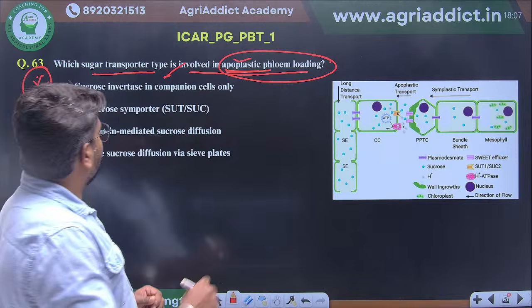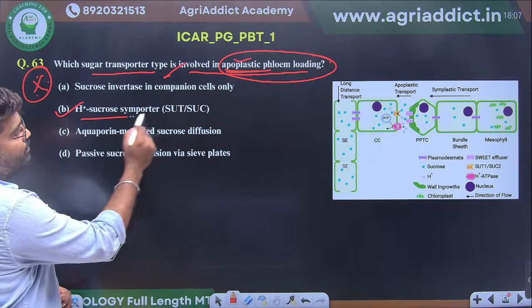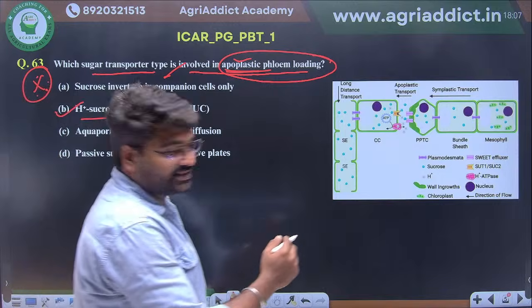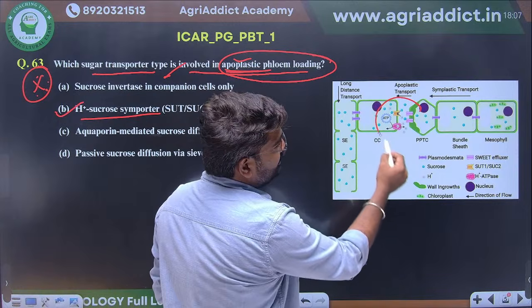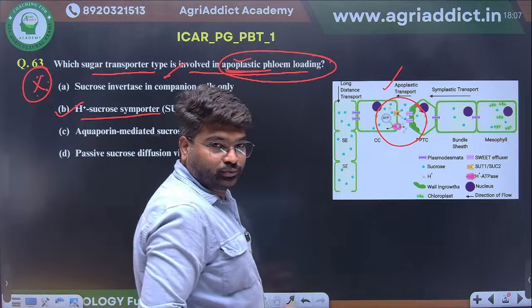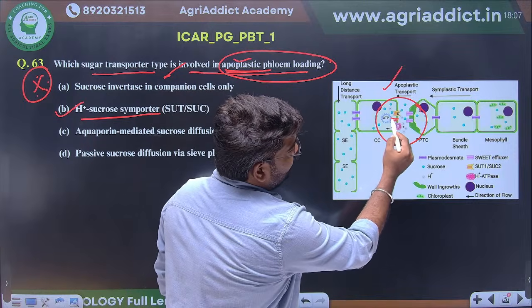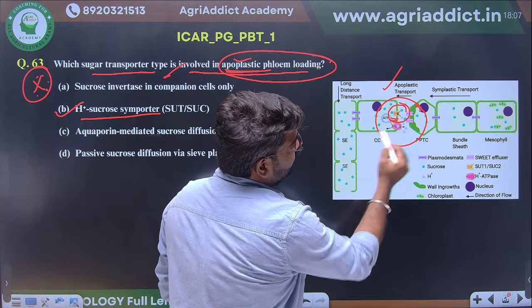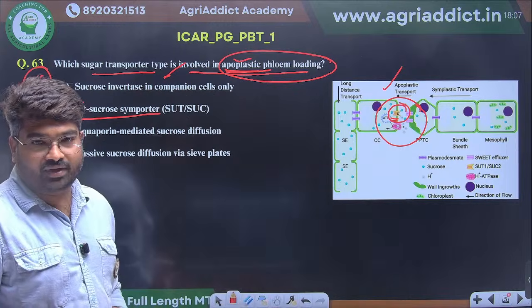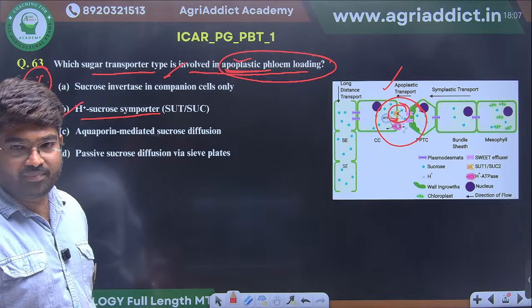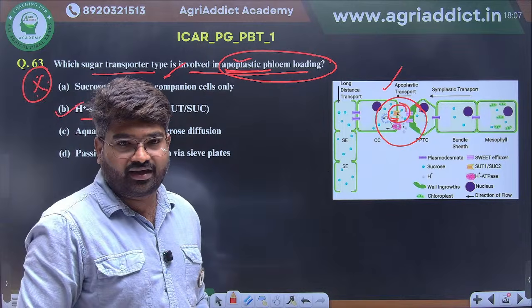Yeah, H plus sucrose importer. In the figure itself, it's there. See here properly. For apoplastic transport, here you see there is an H plus sucrose transporter. This is a very important question. Yes, B is the correct option.